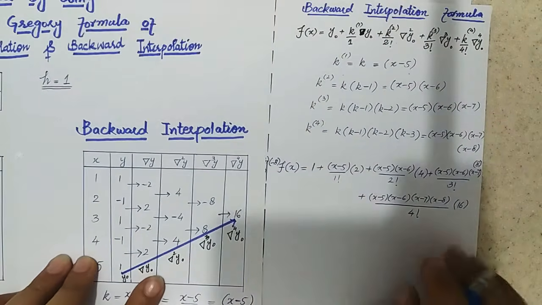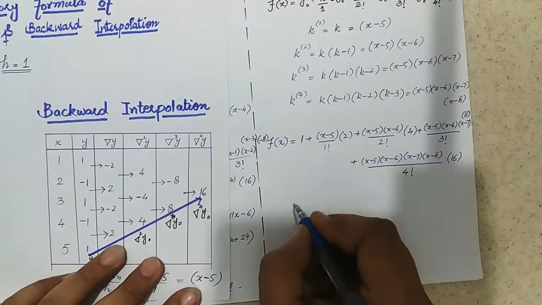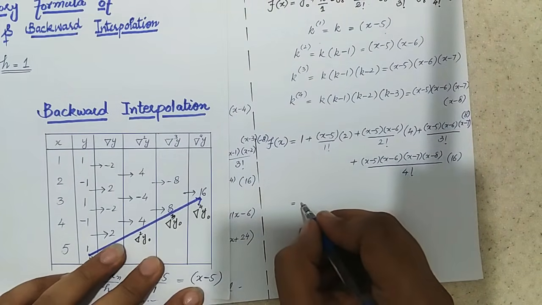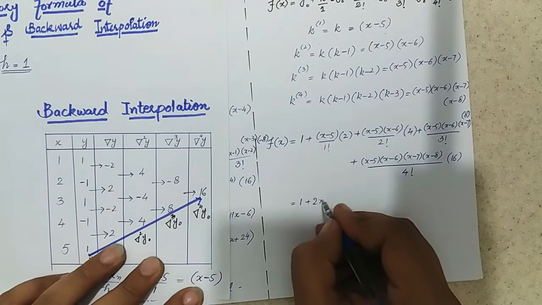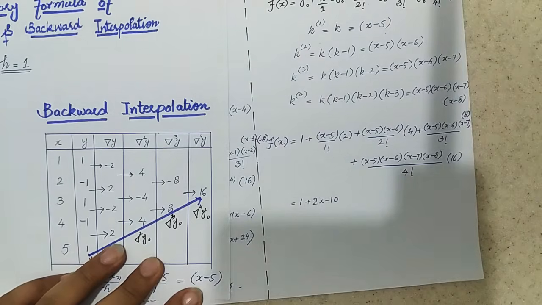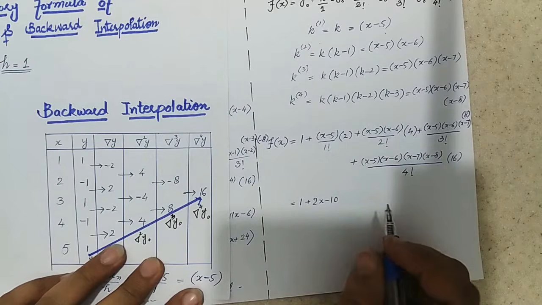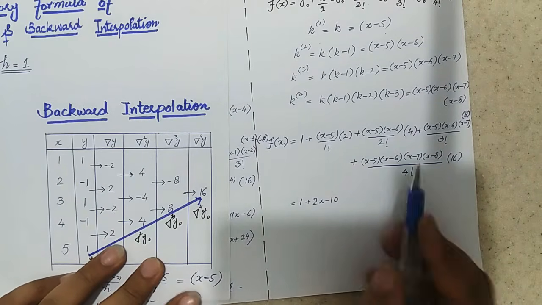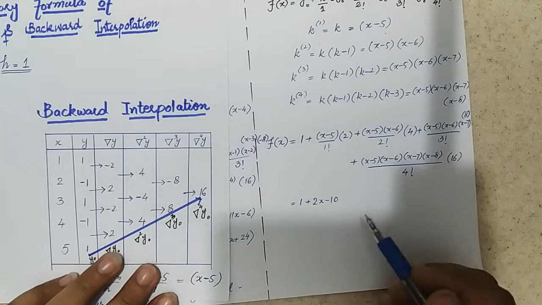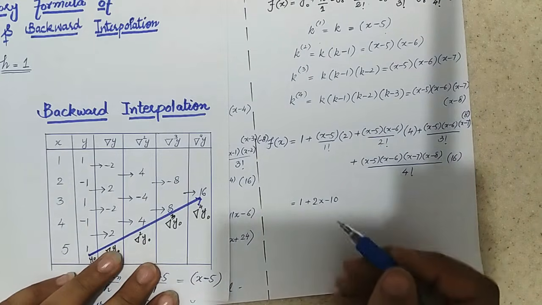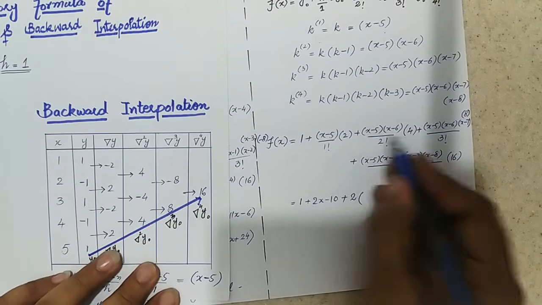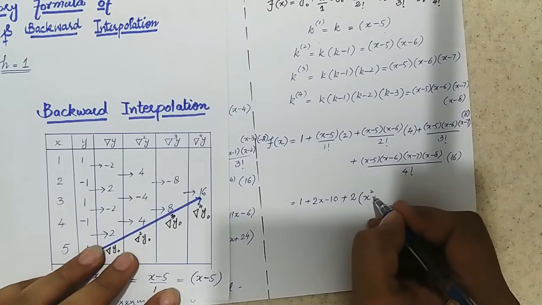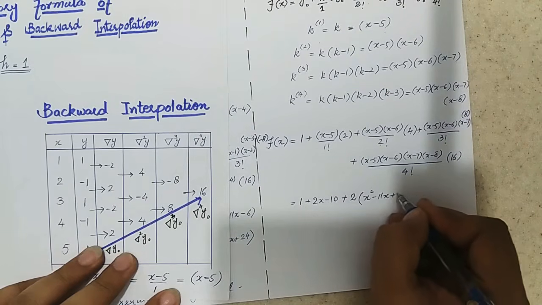Now when we will simplify this, we will get 1 plus 1 factorial is 1, so we will write here 2x minus 10 and two factorial is equal to 2, so cancellation will give us 2 and inside will be x square minus 11x plus 30.